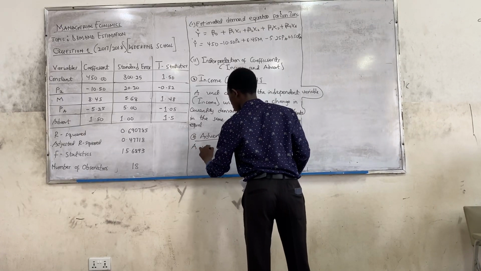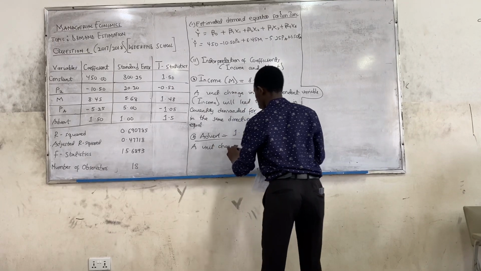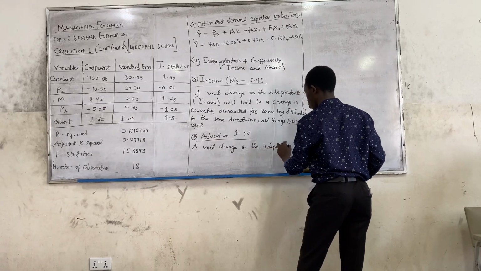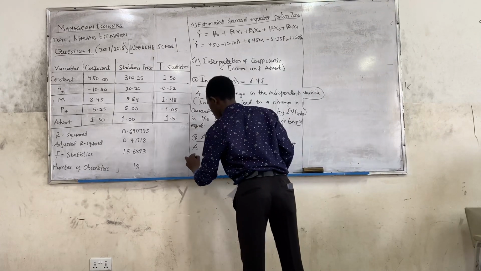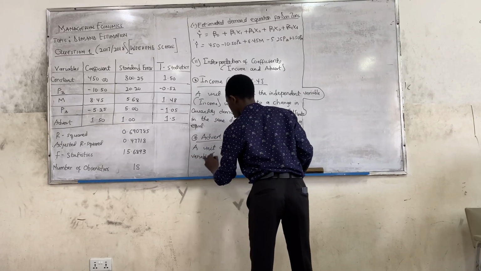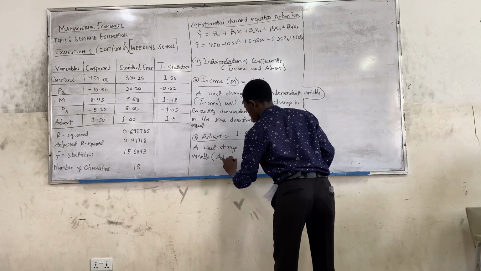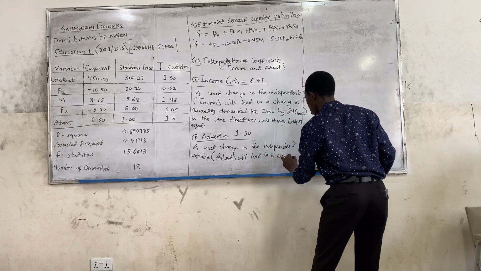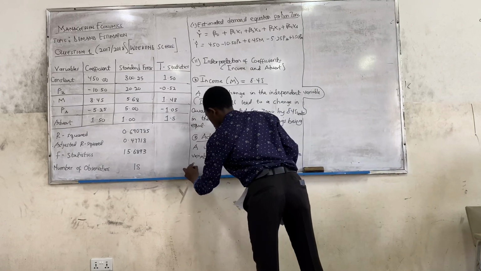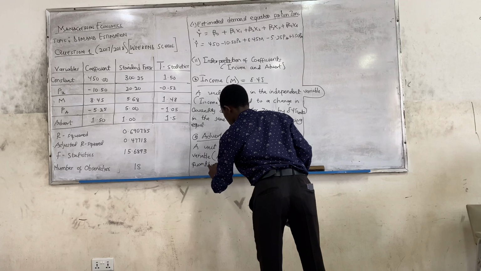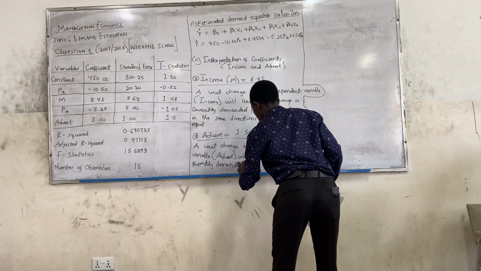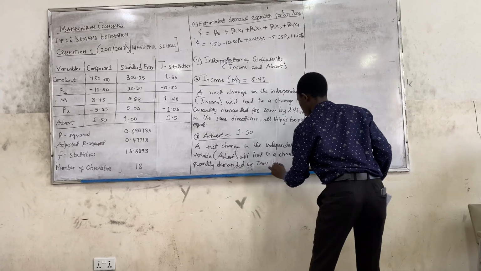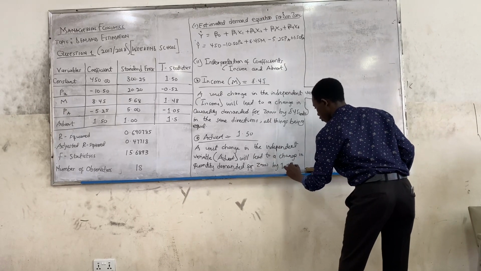A unit change in the independent variable, which is advert, will lead to a change in quantity demanded for Zanu by 1.50 units.